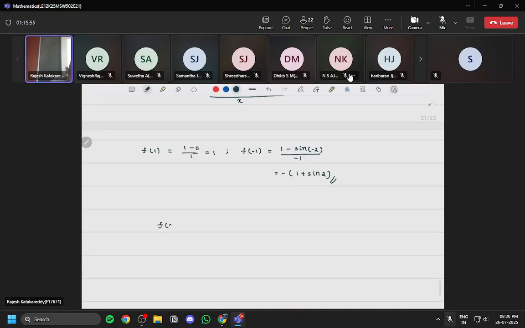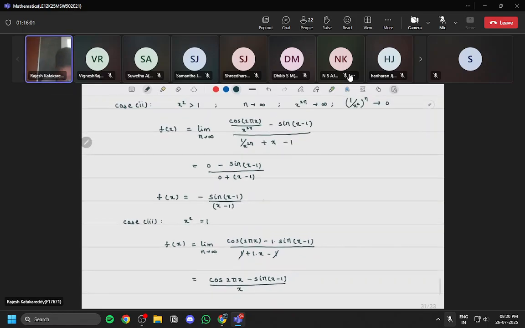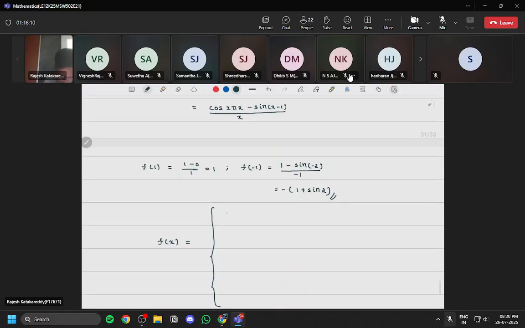Now the function f of x in piecewise form. Minus 1 into sin x minus 1 divided by x minus 1 for x less than minus 1.